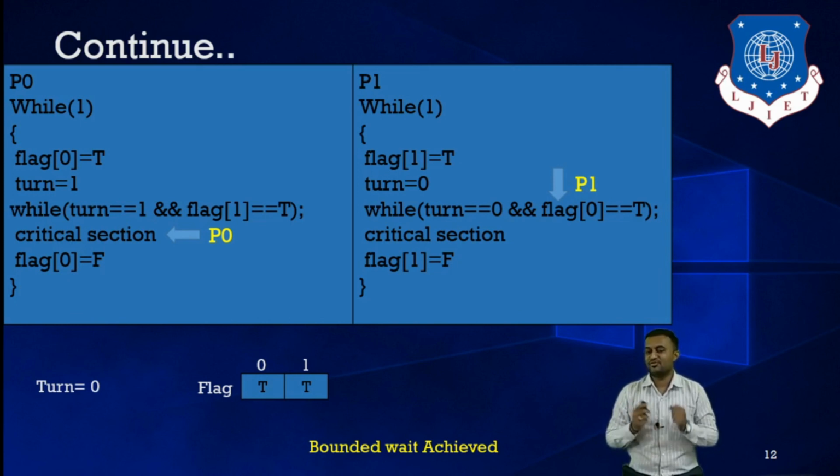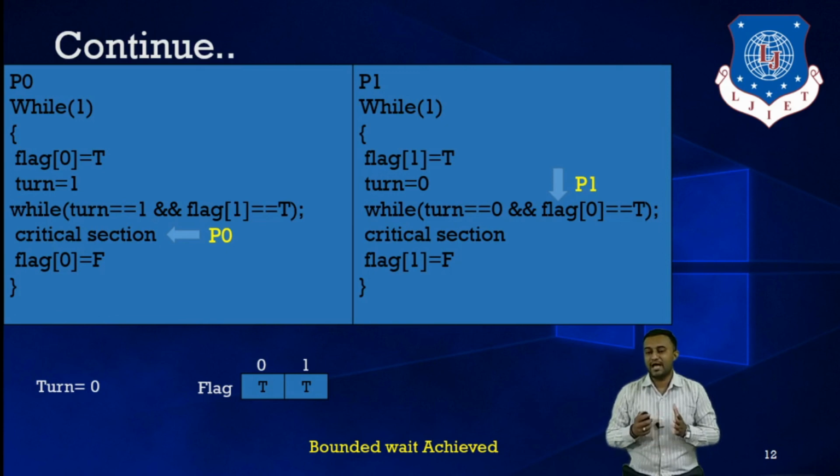So one is true and the second is false, and the total outcome is false. So we come out of the loop, and P1 can enter into the critical section after some time. So surprisingly, we can achieve bounded wait as well, even though it is not mandatory.